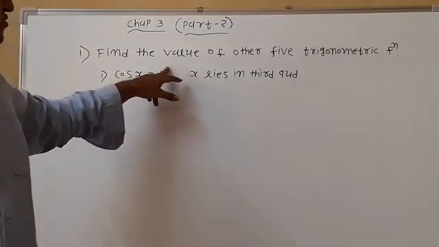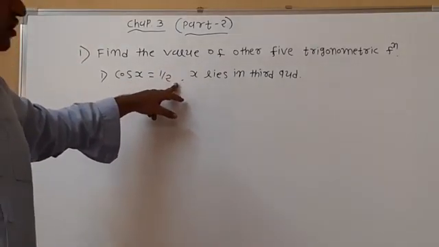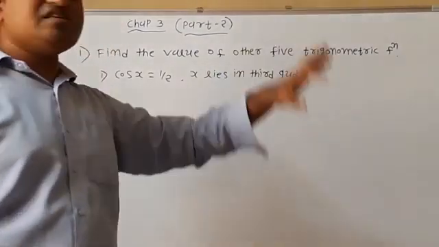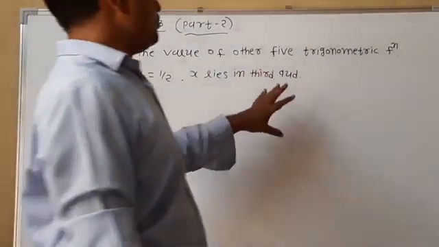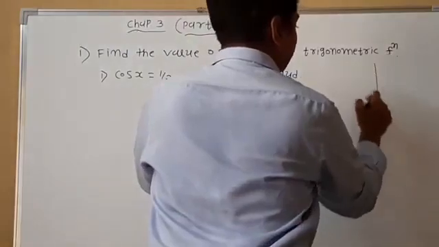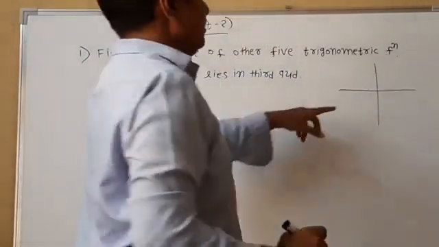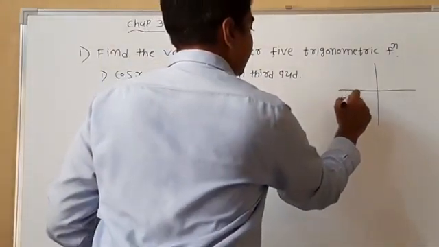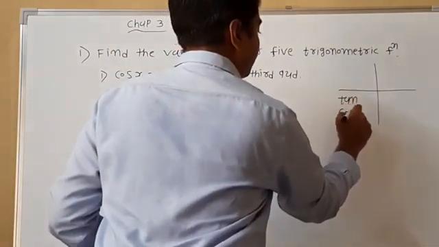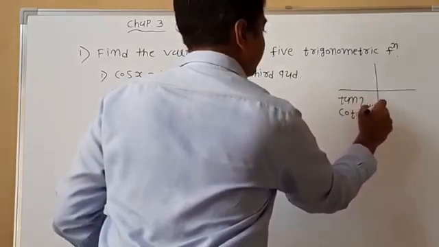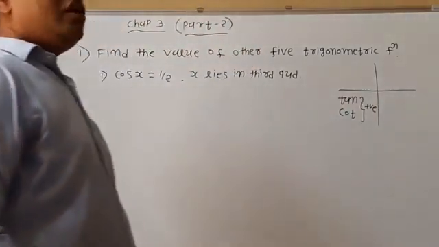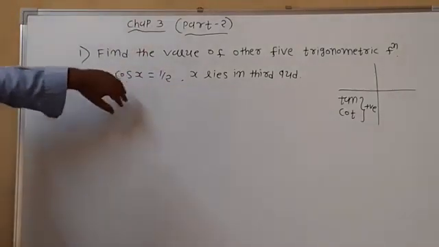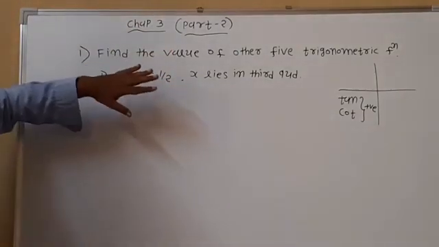Here cos x is equal to 1 by 2, that means one trigonometric function is given, and the condition is that x lies in the third quadrant. So first of all, draw the quadrant, and in the third quadrant we know that only tan and cot are positive, right?